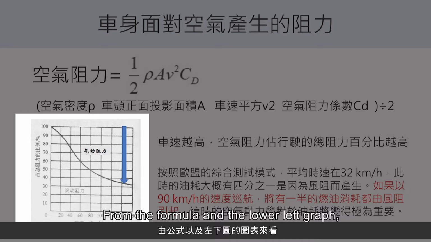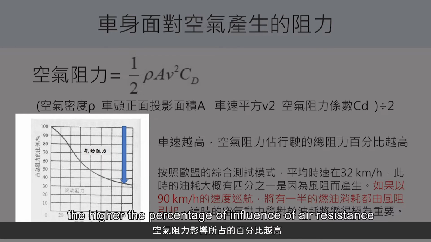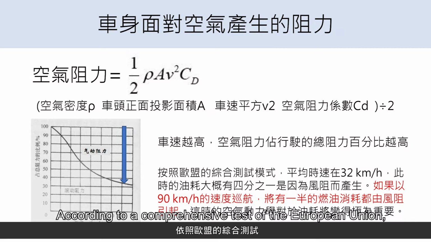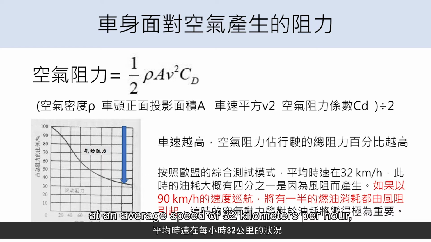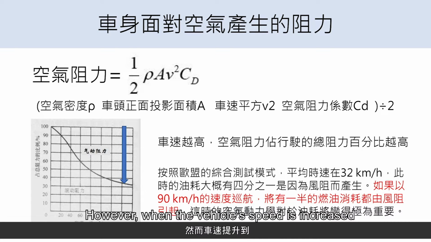From the formula in the lower left graph, we can see that the higher the speed of the vehicle, the higher the percentage of influence of air resistance. According to a comprehensive test of the European Union, at an average speed of 32 kilometers per hour, air resistance accounts for about 1/4 of fuel consumption.